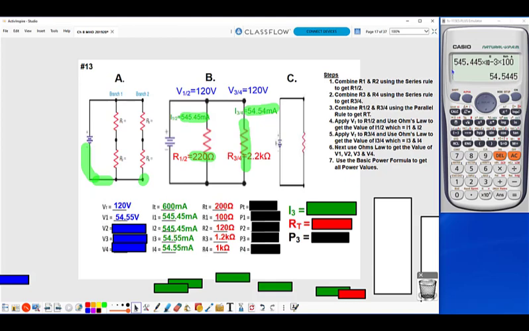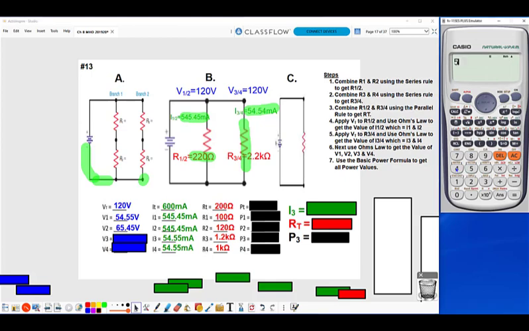For V2, I'll take the 545.45 milliamps times R2, 120 ohms. And that gives me 65.45.